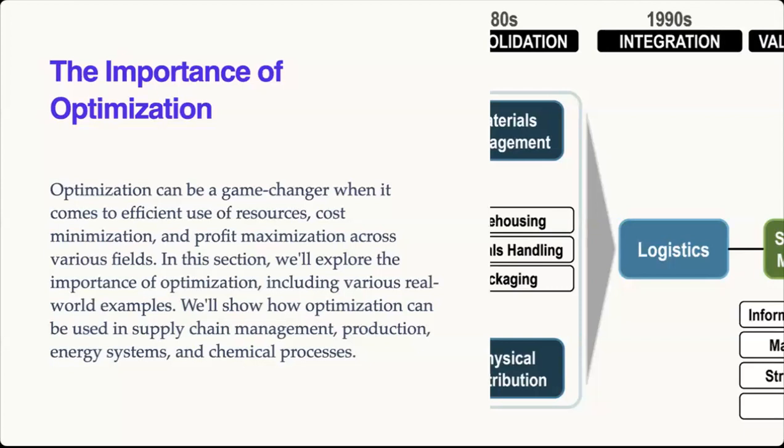So for a good strategy for decision making, you need optimization, okay? And every time you are dealing with decision making, you deal with an optimization problem, okay? I will show you how optimization can be used in different applications, for example, supply chain management, production, energy systems, or chemical processes.